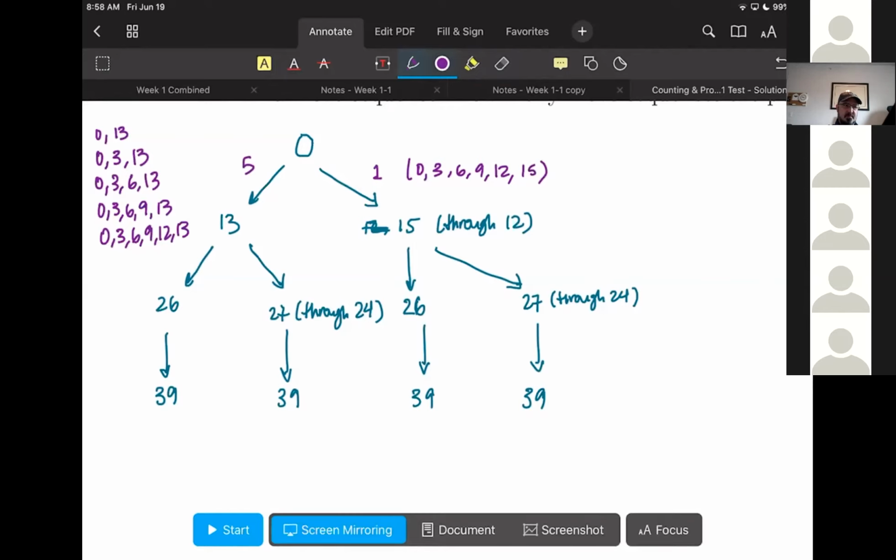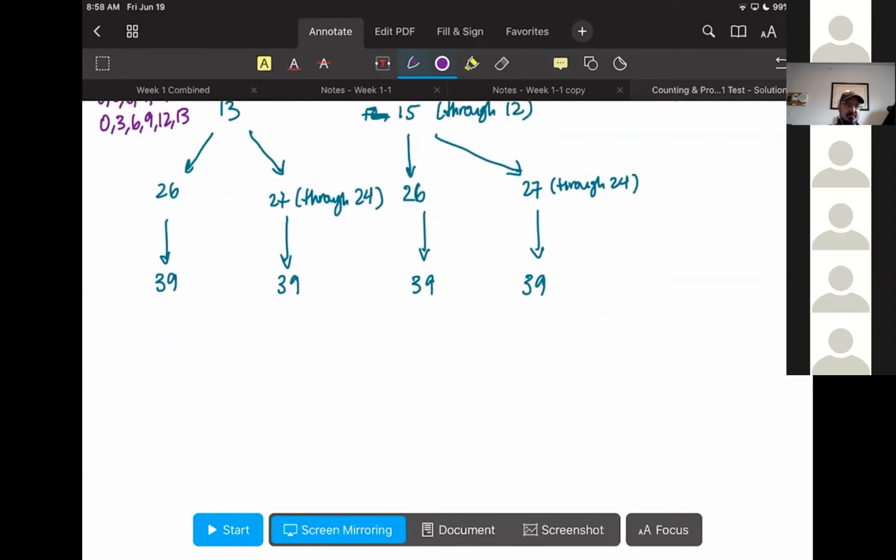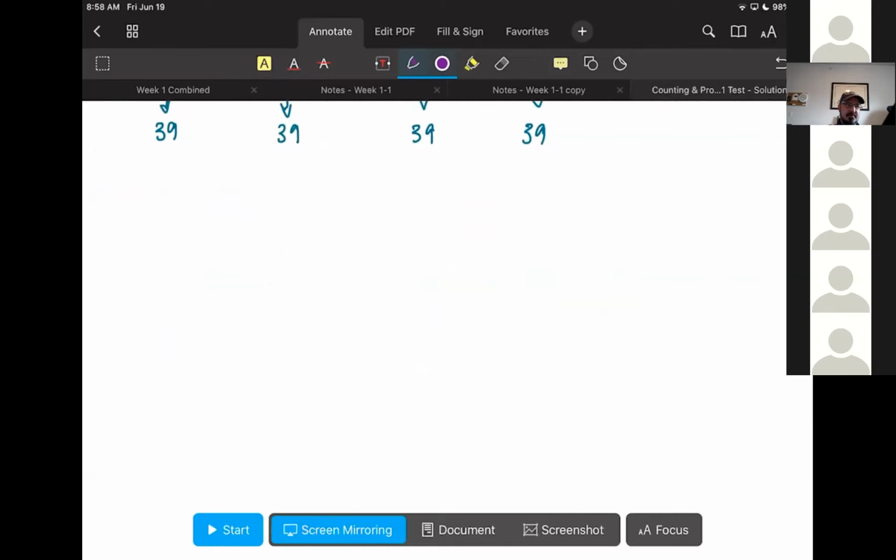Okay, so for this subproblem, I'm looking at how many ways there are for the frog to go from 0 to 13 on the number line. And remember, the frog at any point can move to the next multiple of 3, or it can move to the next multiple of 13. So the frog starts at 0, and it could either go directly to 13, or it could go to 3.